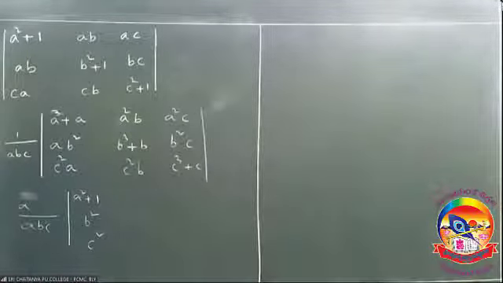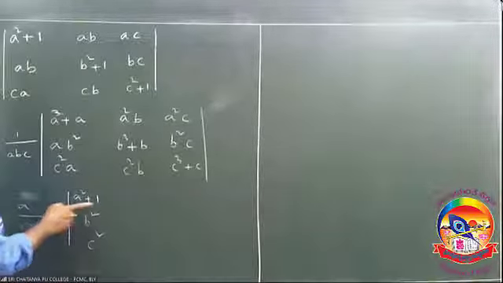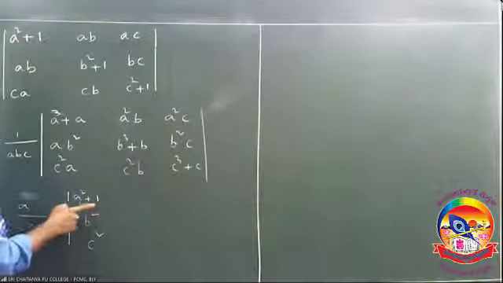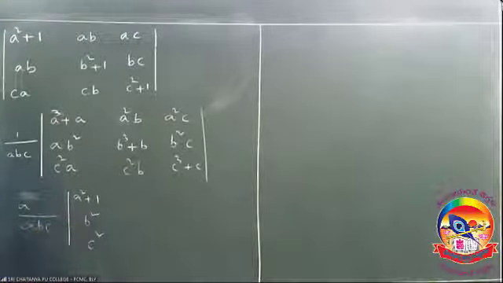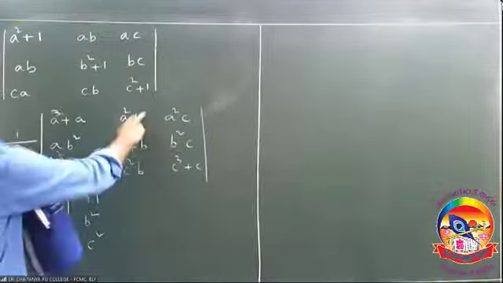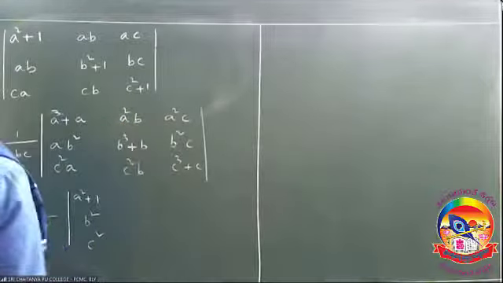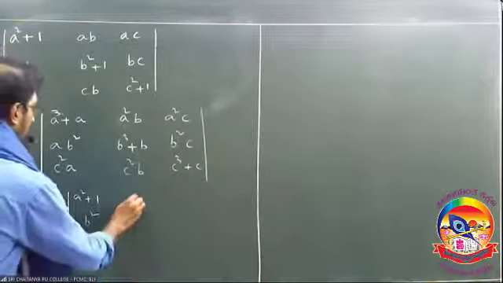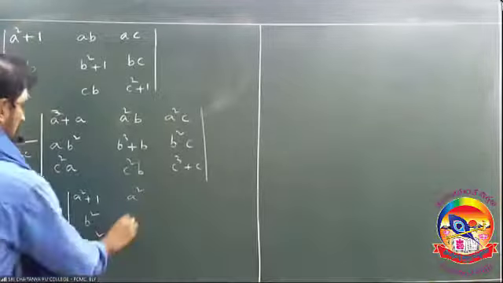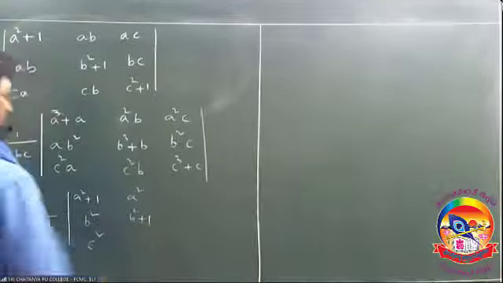Just observe which one is to take outside. Why? Because in the next step, I am going to get 1 plus a square plus b square plus c square if it is possible. Am I right? Now observe, if I take b common from the second column, I am going to get a square, b square plus 1.